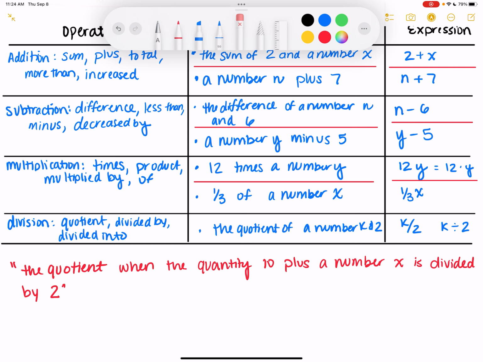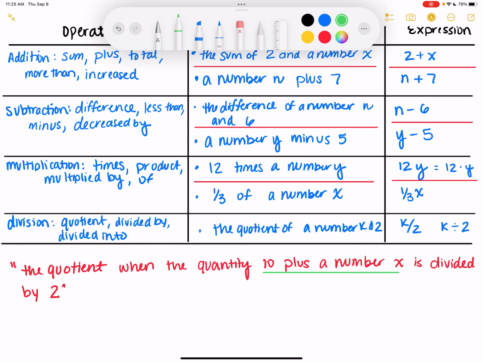Okay, so if we see that, that's telling us that what we're going to do first is we're going to have 10 plus a number x, those things go together, and then all of that is being divided by 2.